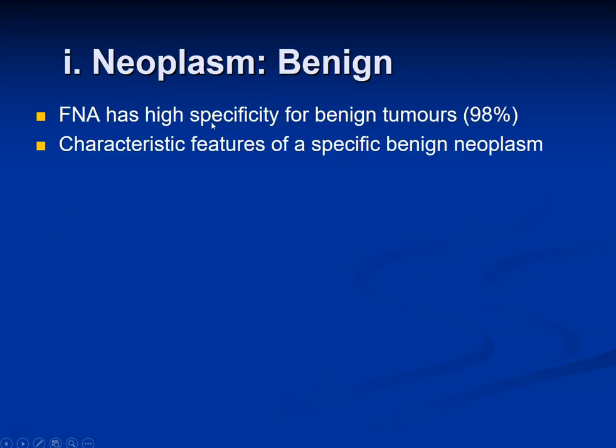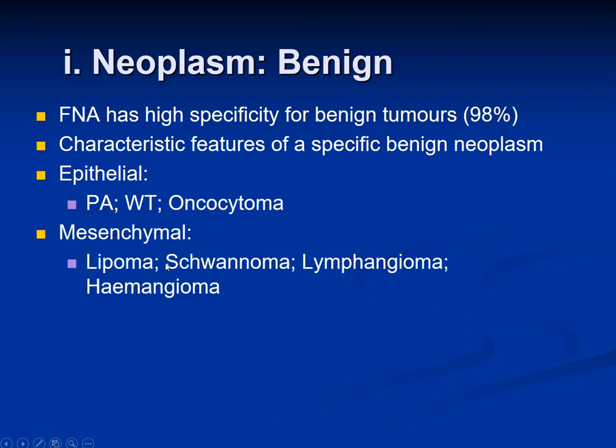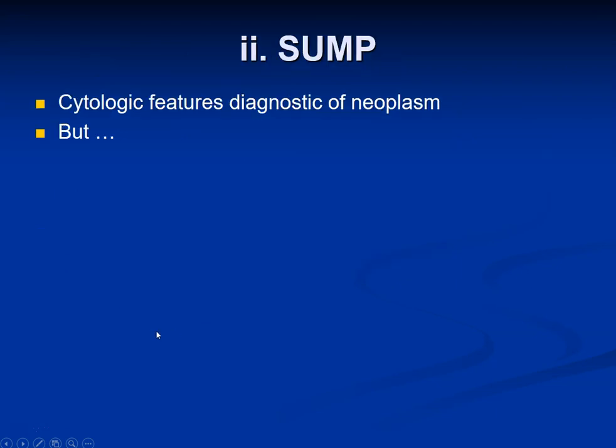For benign neoplasms, actually FNA has a very high specificity, about 98%, but we have to see characteristic features that can give rise to a confident diagnosis of this specific benign neoplasm. Examples would be pleomorphic adenoma, Warthin tumor, oncocytoma. Mesenchymal tumors can also be diagnosed: lipoma, schwannoma, lymphangioma, which may be a little bit more challenging, and hemangioma.